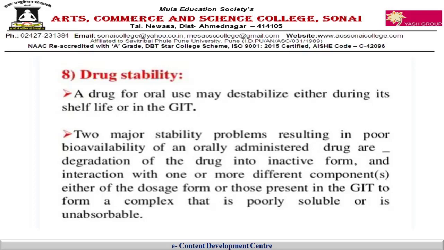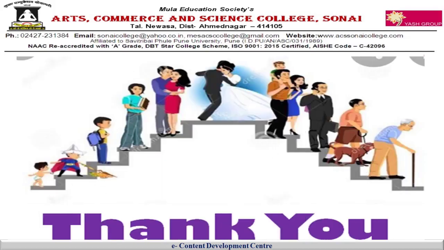The next, the two major stability problems resulting in poor bioavailability of an orally administered drug are degradation of the drug into inactive form, and interaction with one or more different components, either of the dosage form or those present in the GIT, gastrointestinal tract, to form a complex that is poorly soluble or unabsorbable.